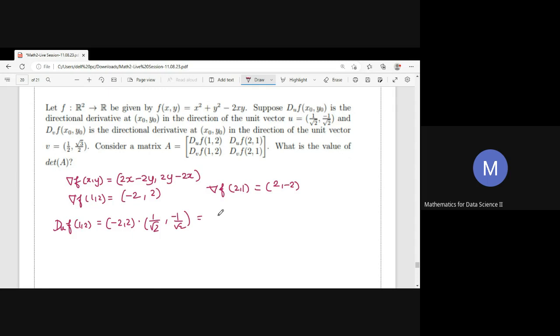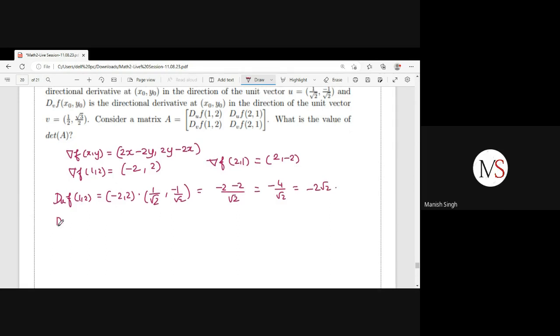Which is minus 2 by root 2 minus 2 by root 2, so minus 4 by root 2, which is minus 2 root 2. You can write it as minus 2 root 2 or keep it as such. And now D_u of f at (2, 1) is (2, minus 2) into the same vector.